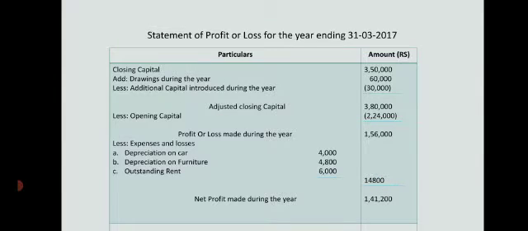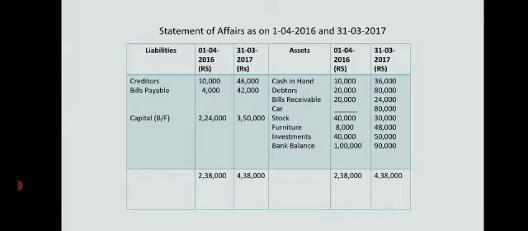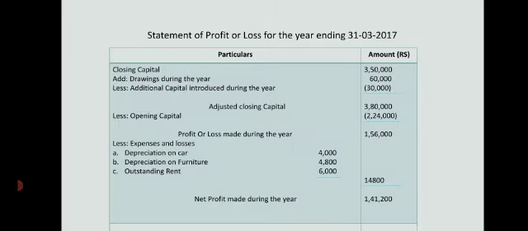So the first statement we have prepared is the statement of affairs to find out opening capital and closing capital. With this we have prepared the statement of profit or loss. Closing capital, add drawings, less additional capital, adjusted closing capital is 3,80,000.